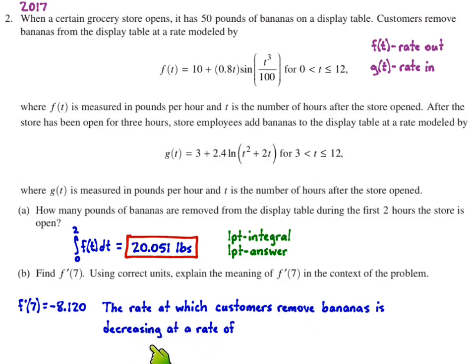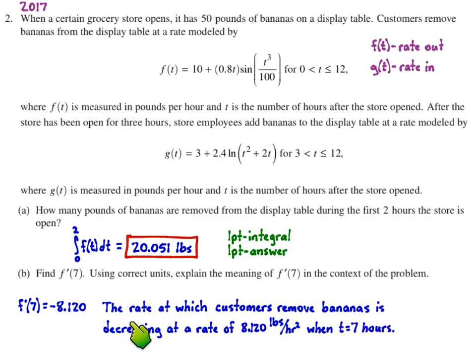And notice I put decreasing here because f prime is negative. So it's decreasing at a rate of 8.120. And then the units on this are going to be pounds per hour squared. And then this is happening when t equals 7 hours.